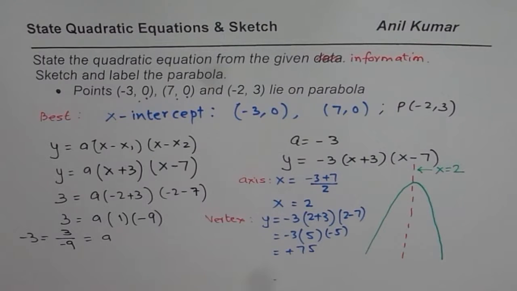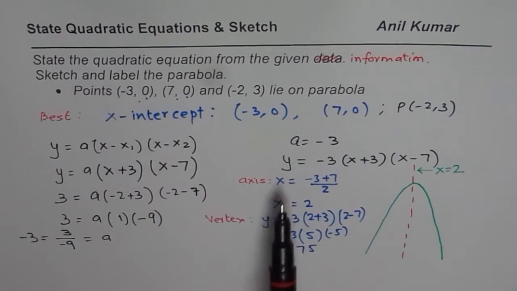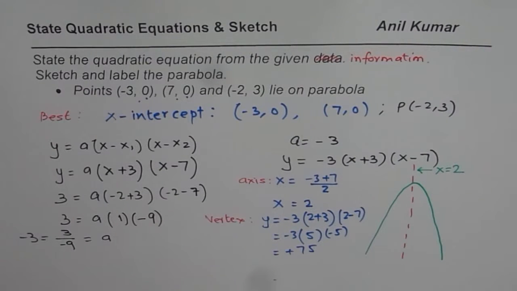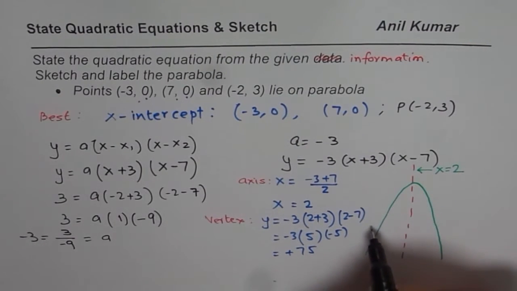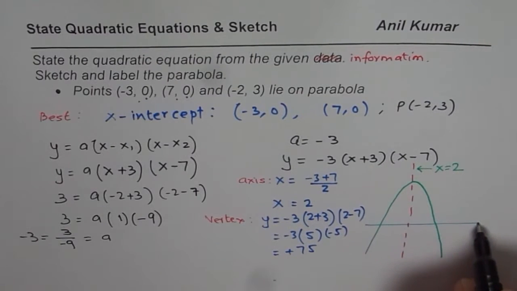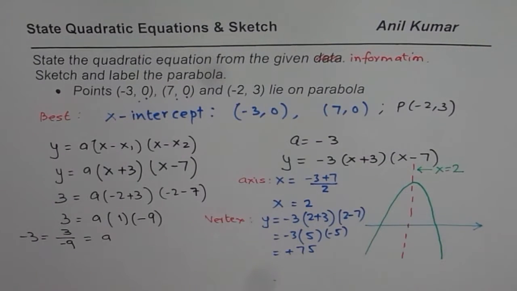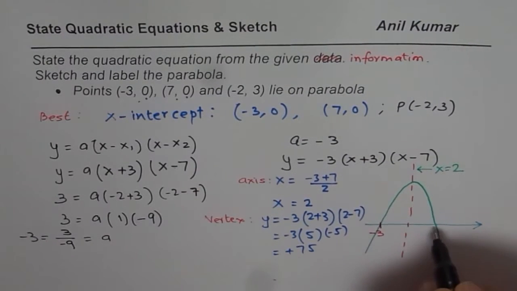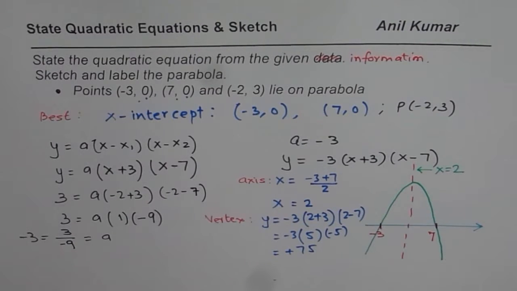Now, the x-intercepts are at -3 and 7. So let me sketch the x-axis like this. We know this point here is -3, and this point here is 7, correct? So we have our x-intercepts.